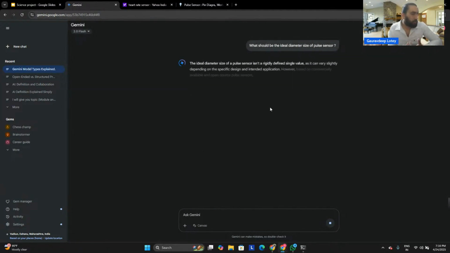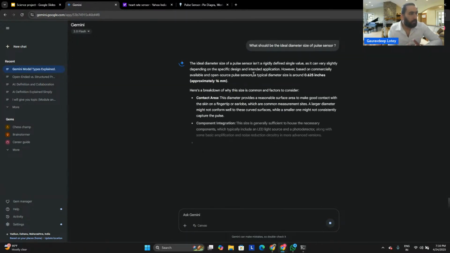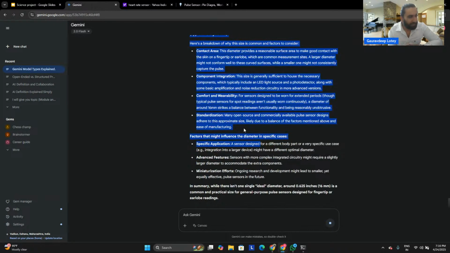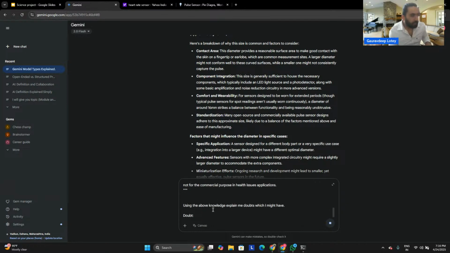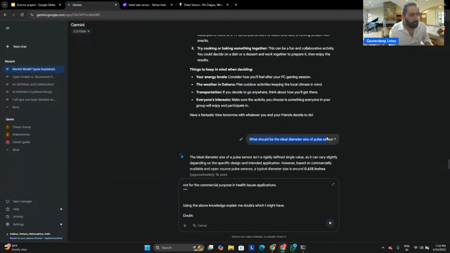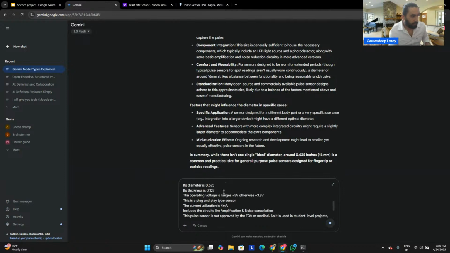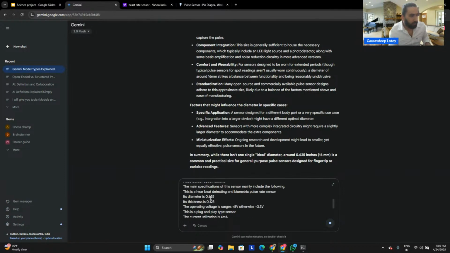Once we have this question, you will realize that the model is giving me a lot of different aspects around the ideal diameter. Now if I add the knowledge base, and now when I try to ask this question, let me try to change it from 0.625 to 0.825.